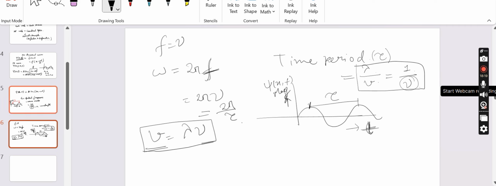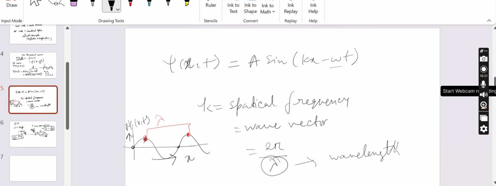So later we will also know that when we write omega, we are denoting only one frequency, or we call it monochromatic.